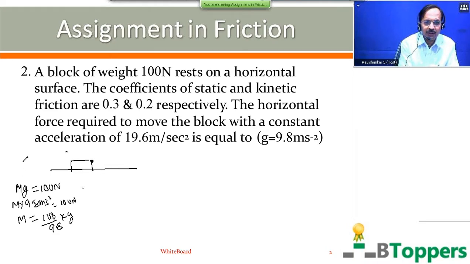The coefficient of static friction between the block and the floor is given as 0.3. The coefficient of kinetic friction is given as 0.2. You're asked to find the horizontal force required to move the block with an acceleration of 19.6 meters per second squared.